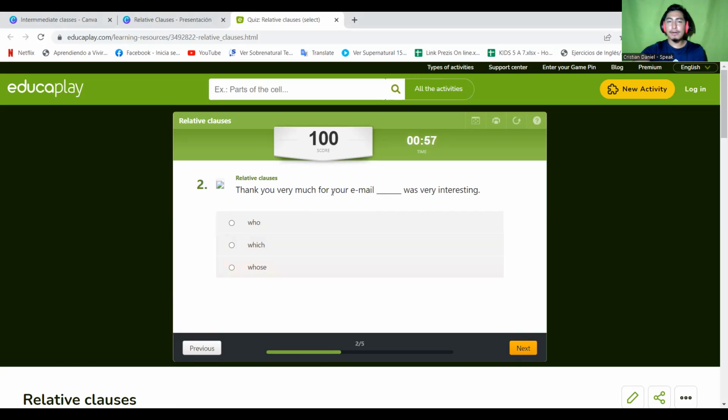So we did it. Now, number 2. Thank you very much for your email. Was very interesting. This is a defining relative clause because we don't have any commas, and this information is important because your email was important, was very interesting.